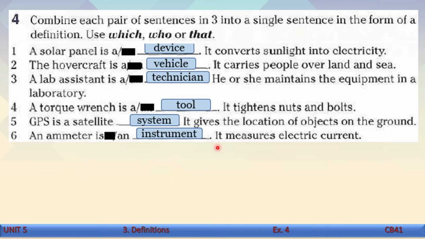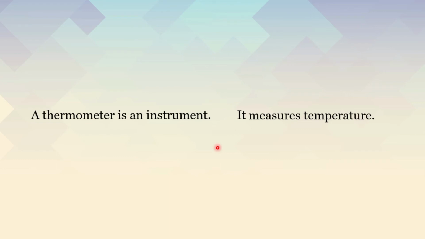Before we do the task, let's take a look at one example. We have 2 sentences here. Number 1, a thermometer is an instrument and it measures temperature.